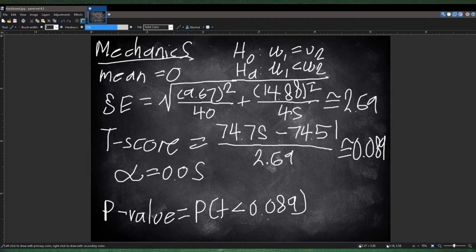So you basically go to your calculator, go to menu, go to probability or statistics, doesn't matter. Go to distribution, and go to TCDF, the number 5, right?